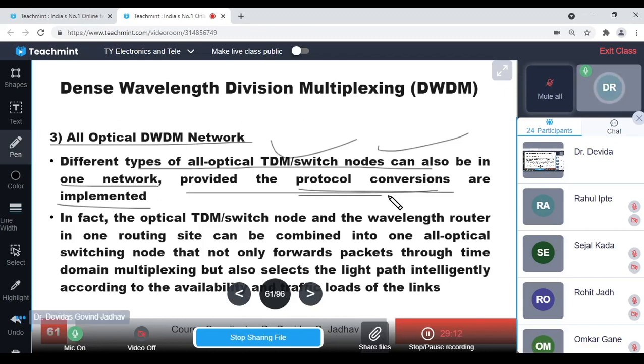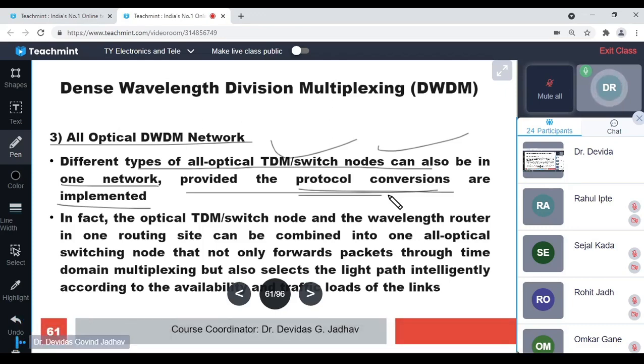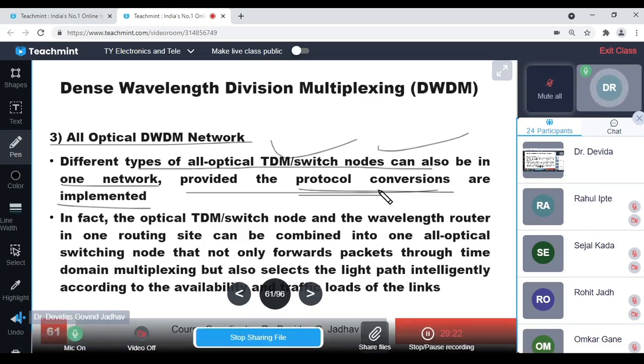A protocol is nothing but the set of rules for packaging, level detection, error correction, and error checking.